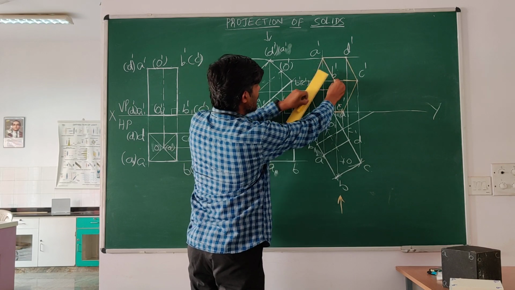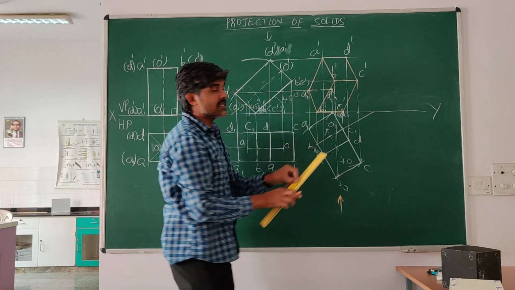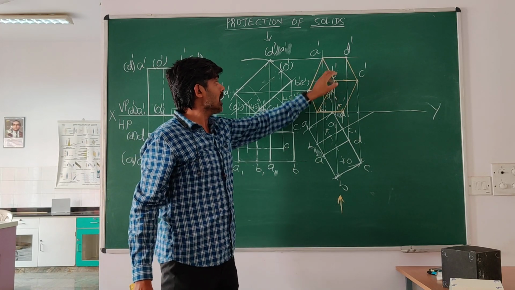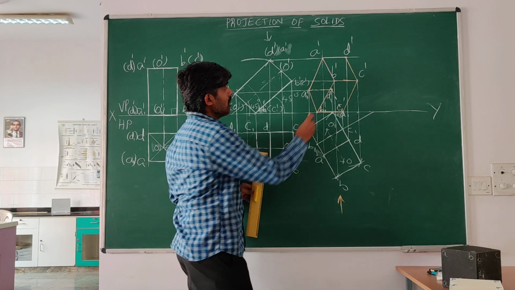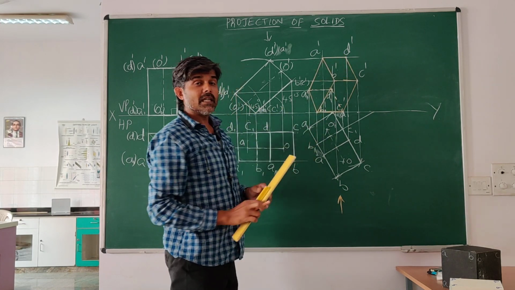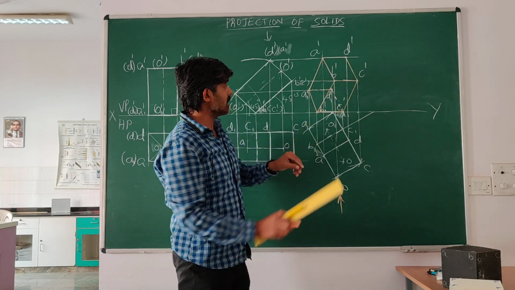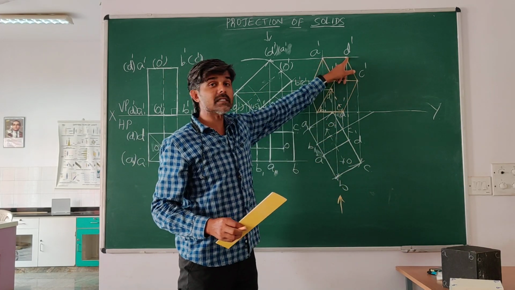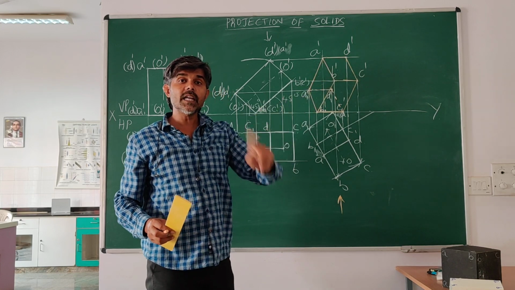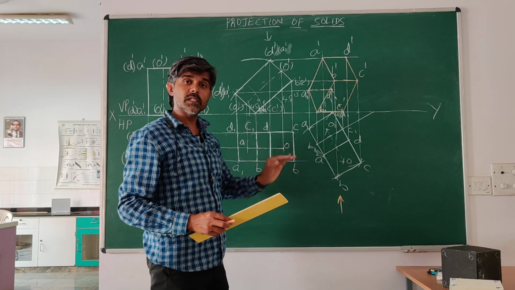So from here I am going to join BB1, which will be a visible line, the reason being it is going out of the visible face. Now if I want to join D1D, we can easily see that it is going inside a visible face. So opposite: if a line is going inside a visible face, it is a hidden line. If a line is going outside a visible face, it is a visible line.